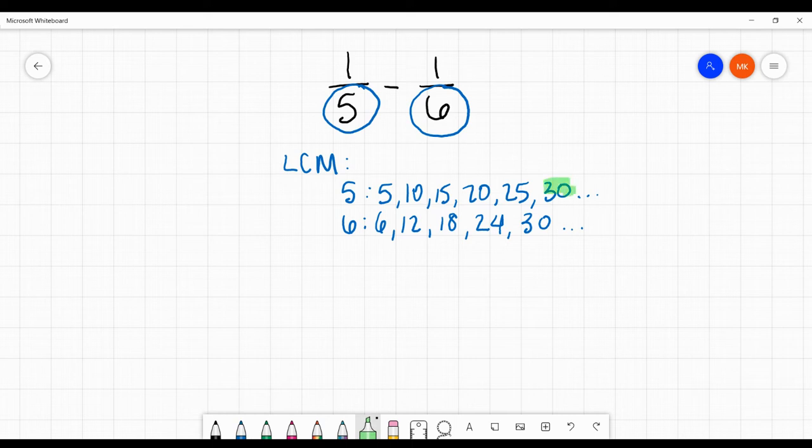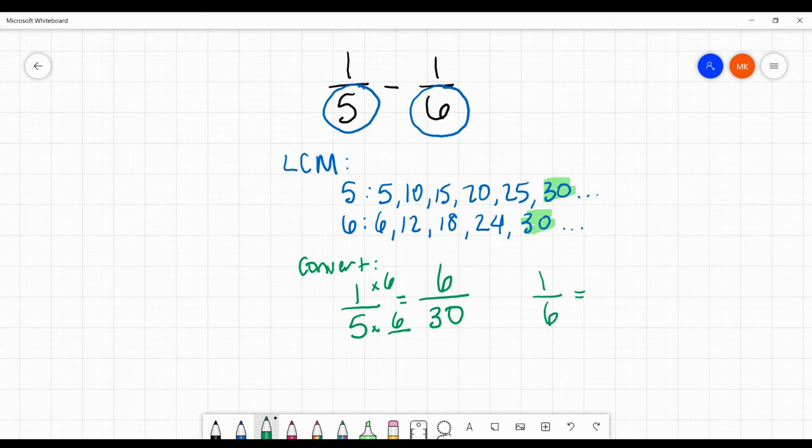I see they both have 30 in common, so my next step is to convert. When I look at 1/5 and I want it to have a denominator of 30, I think 5 times what equals 30, and that is 6. Whatever I do the bottom, I do the top, and I get 6 over 30.